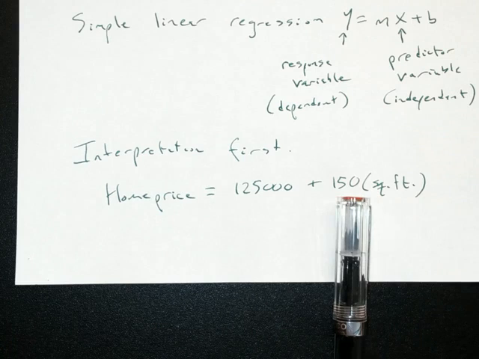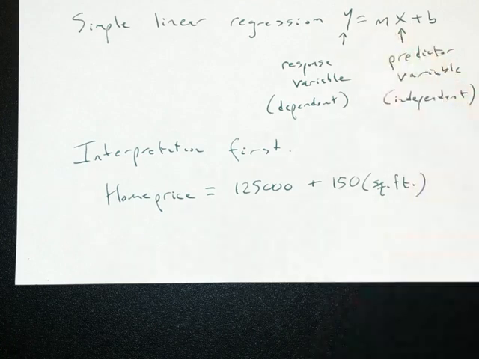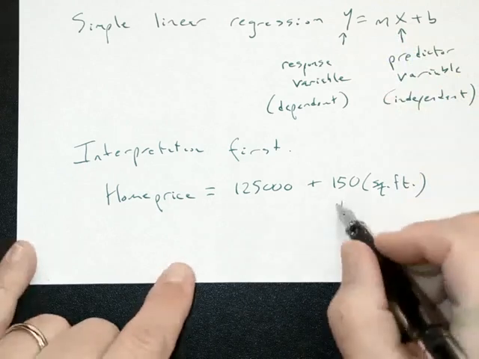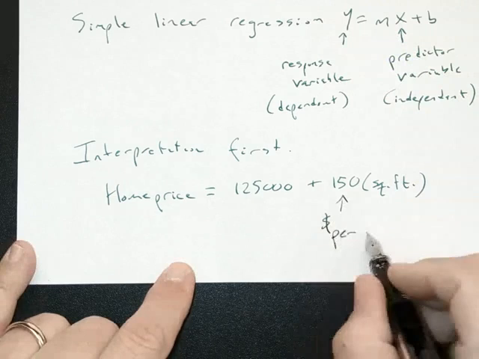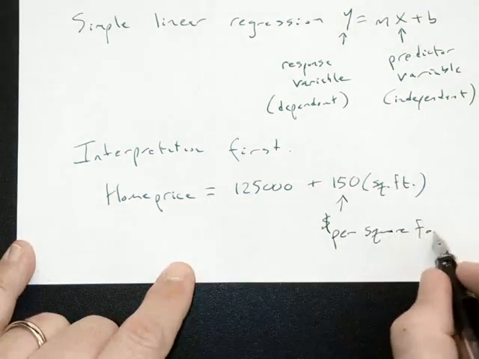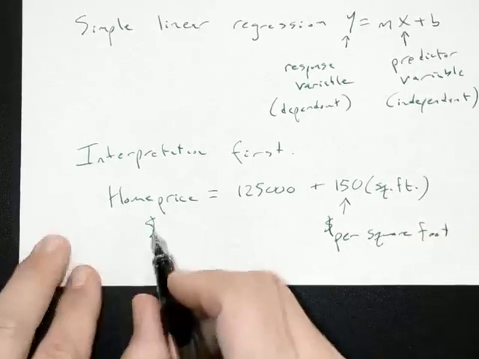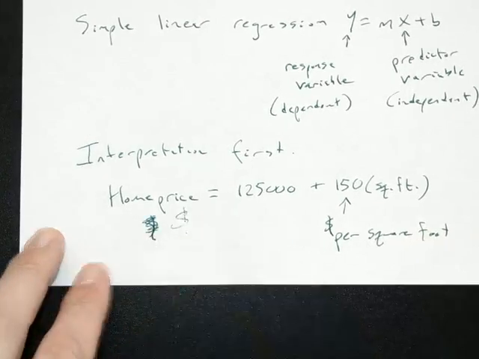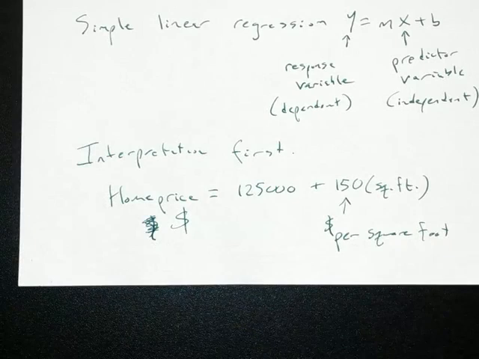That's a slope of a line. So every time my house floor plan has one more square foot, the price should go up $150. These are expensive houses, but it's not unrealistic.